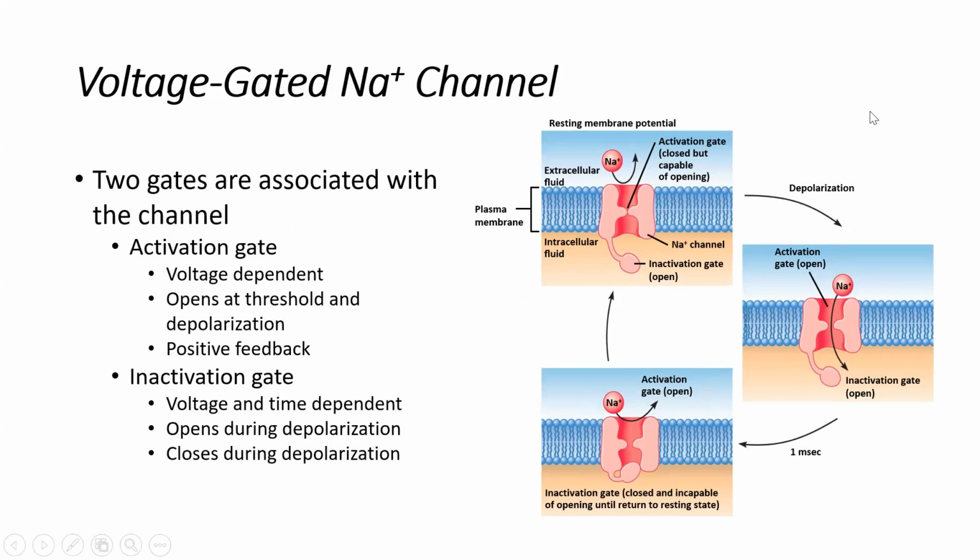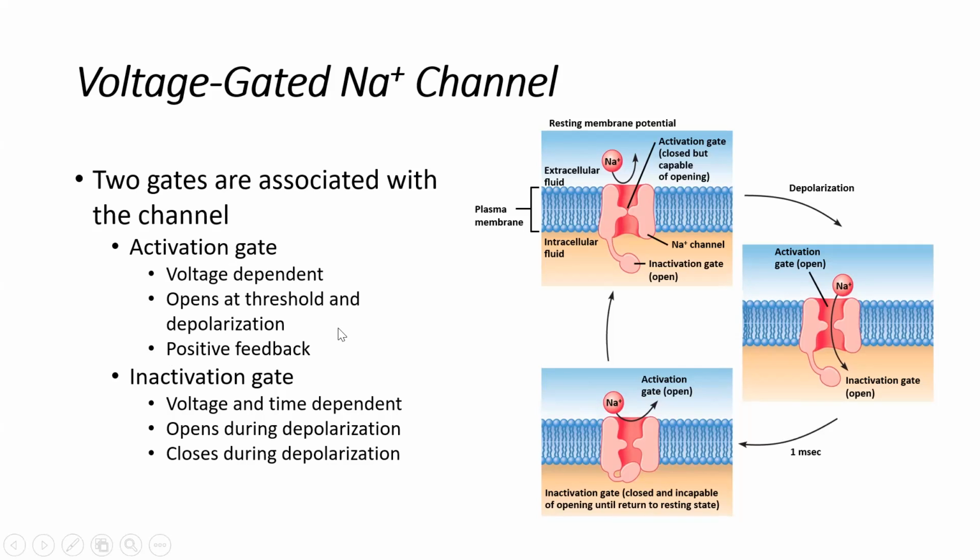Okay. What we'll say here now is basically how this gating occurs. So there are two gates associated with this voltage gated channel. There is an activation gate and then there's an inactivation gate. And so the activation gate is going to be voltage dependent. It's going to open at threshold and then it's going to depolarize.